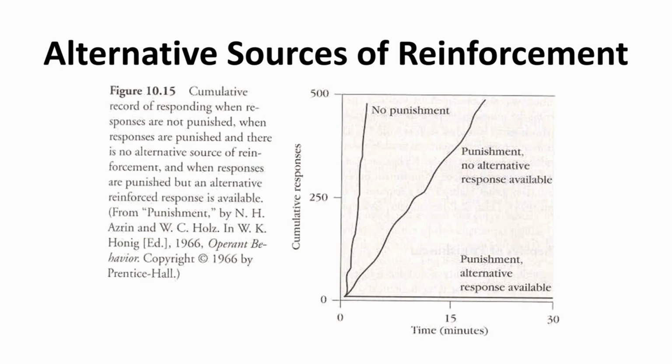So they'll do the bad things even though it gets them in trouble because they have nothing else to do with their time. And this pattern of responding is shown across lots of different examples between humans and rats and a bunch of things in between. So it's pretty well known that having alternative sources of reinforcement helps reduce the occurrence of those problem behaviors.